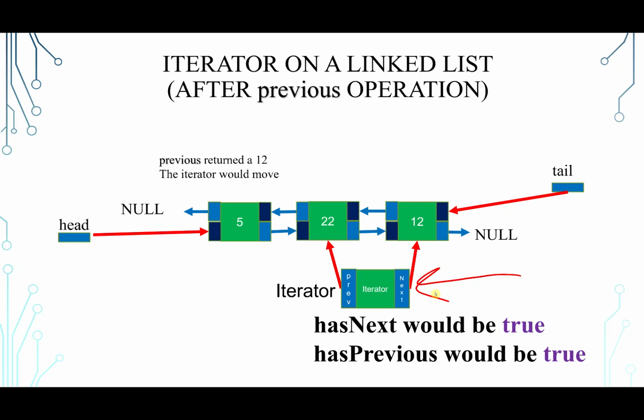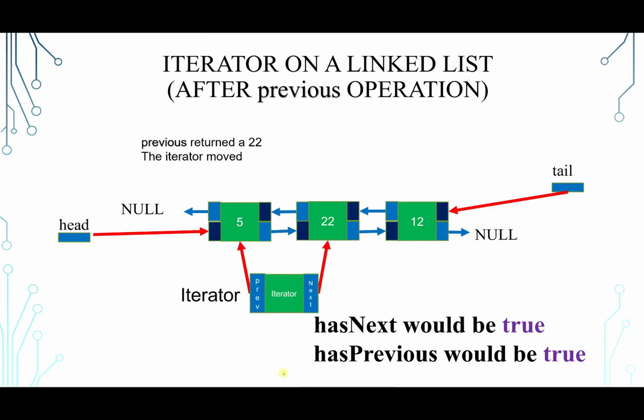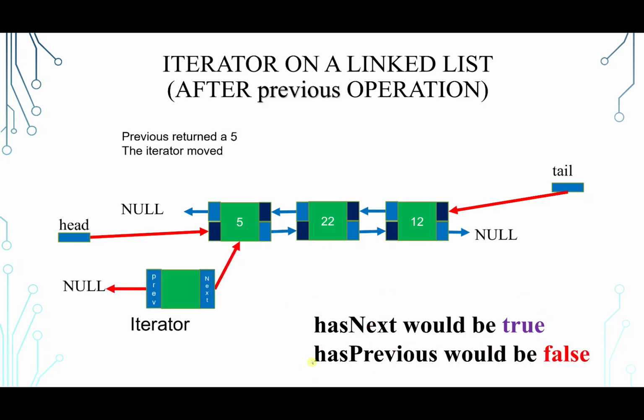So previous has returned 12 and the iterator is moved. And now both hasNext and hasPrevious are returning true. Same thing if we use next, the iterator is moving on and returning, for example, 22 and moving on. Both hasNext and hasPrevious are returning true. And eventually hasPrevious is going to be false because you don't have anything to return after you return the 5 and move the iterator.